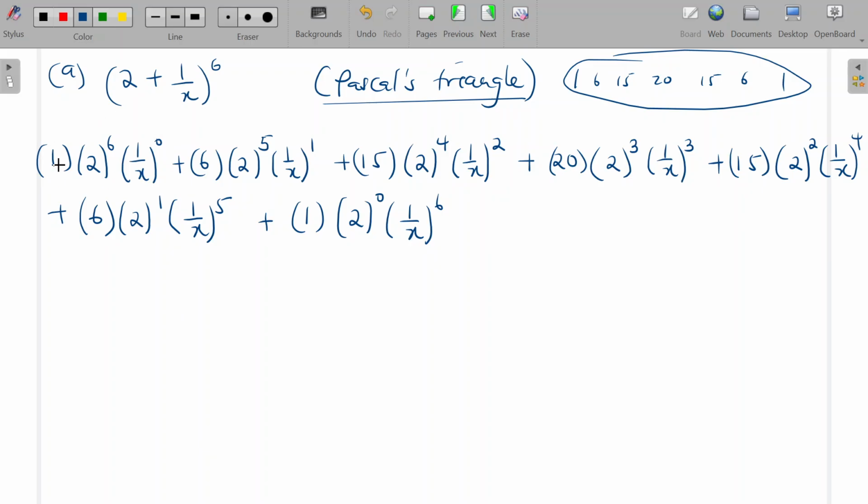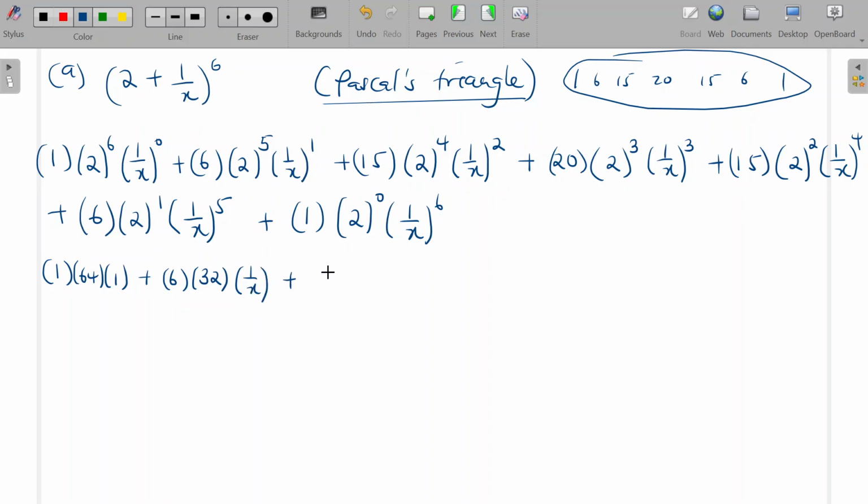So this part, I'll have 1 times 2 to the power 6, that is 64, times 1 over x raised to the power 0, which is 1. So I'm going to have 1 multiplying with 64, multiplying with 1. Plus this is going to be 6 times 2 to the power 5, that's 32, times 1 over x to the power 1, which is 1 over x.